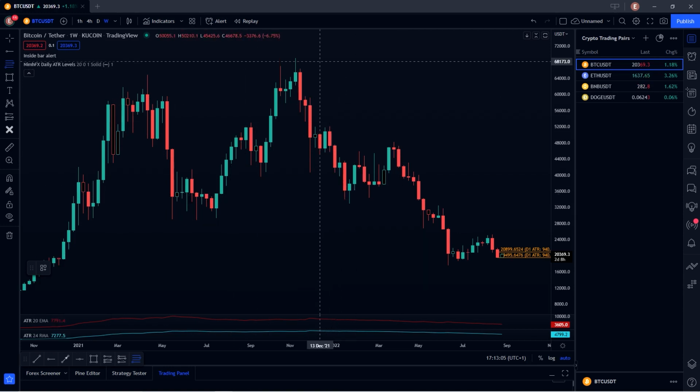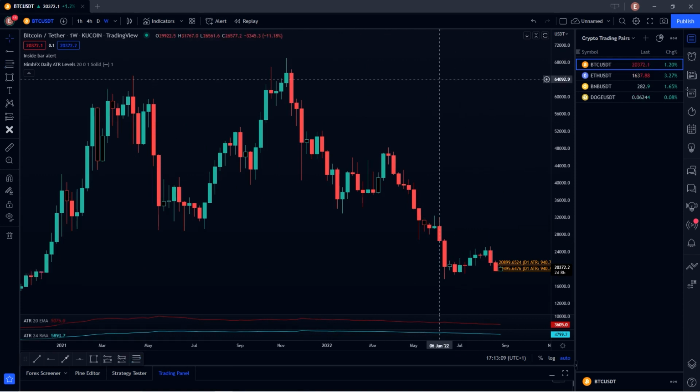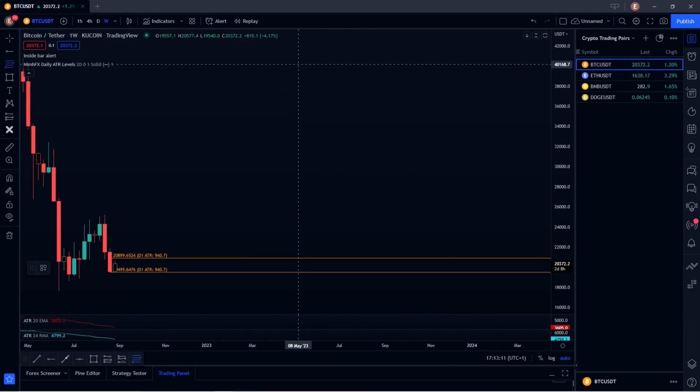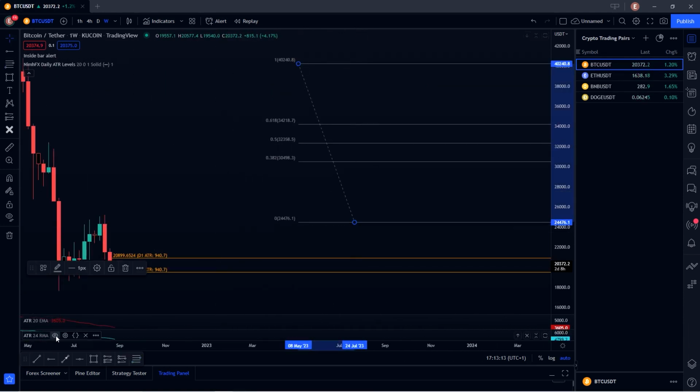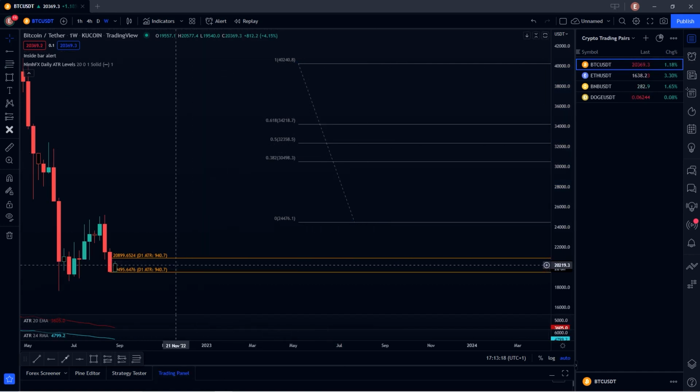Nice and simple. So what a fib retracement does, if I just draw one over here on the black screen, mine are white, so I hope you guys can see them. You got 5 different lines. Now your one may have more, but I only like using these 5 lines.